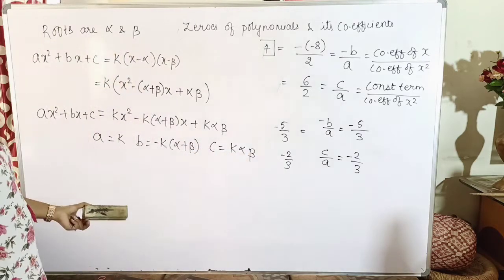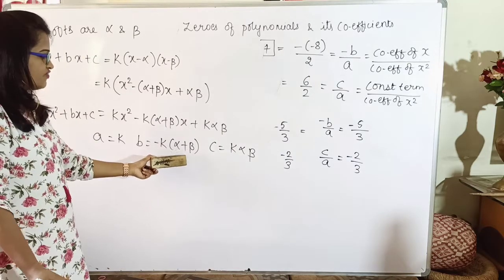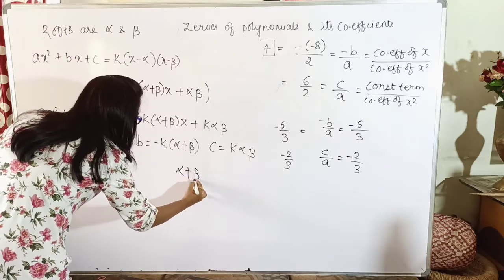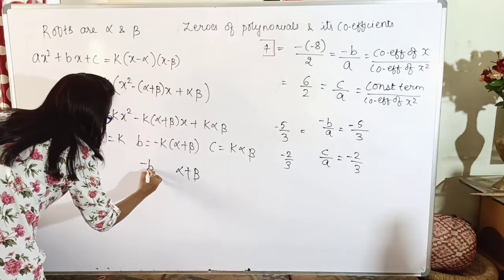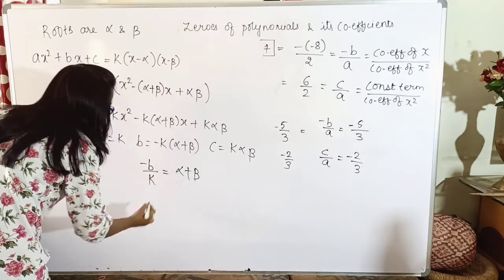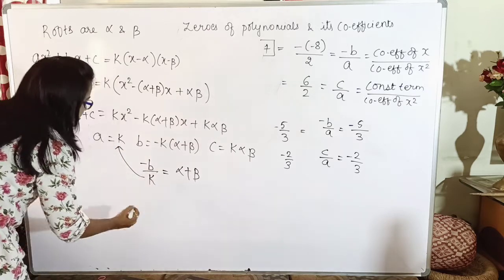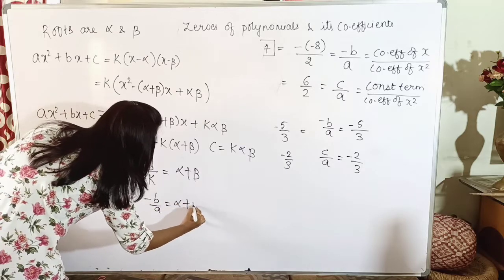Yes, what I have to do, I have to just find the sum of the roots. So if I have to find the value of just alpha plus beta, what will happen? This k will come to this side, and this minus, if I shift it to the numerator, it will be minus b by k. But k is nothing but what? It is a. So let us replace that k with a. So it will be minus b by a equal to alpha plus beta.